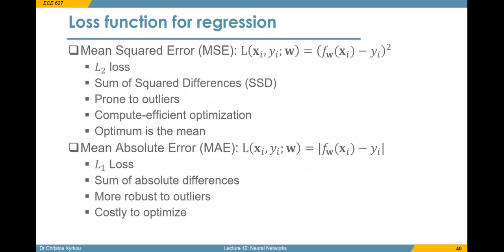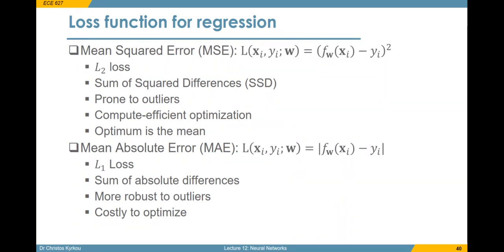So the loss functions used for regression are the mean squared error, or L2 loss, as it is also called, and the mean absolute error, or L1 loss, as it is called. So the mean squared error basically takes the square of the error between the ground truth and the output of the neural network.